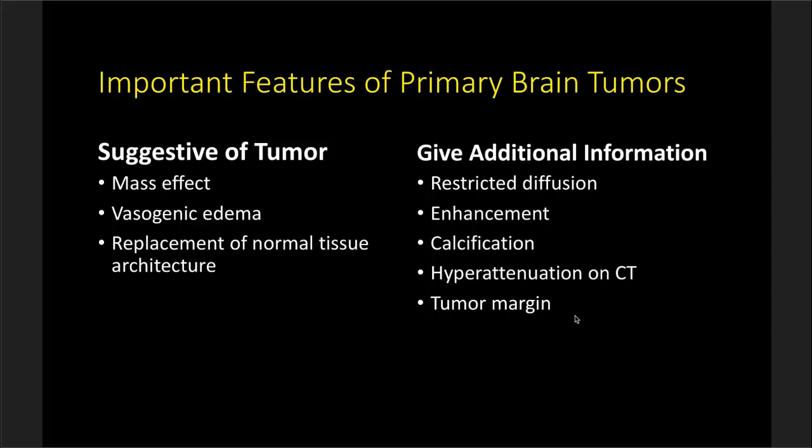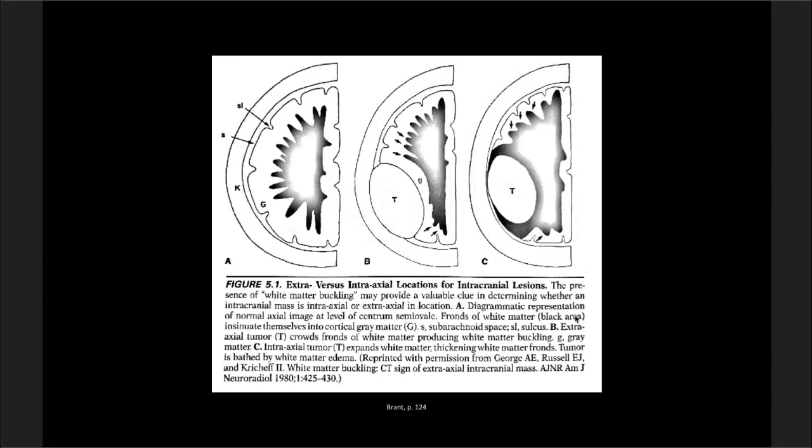So since we're talking about intraaxial brain tumors, I just want to remind everyone what it means, intraaxial versus extraaxial. So here's a diagram taken from a book, and we have a drawing of the brain. And here we have cortex, and centrally we have white matter. Now an extraaxial tumor arises outside of the brain parenchyma.